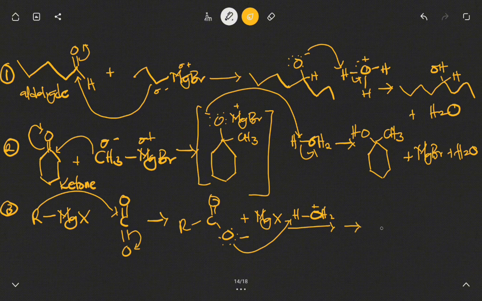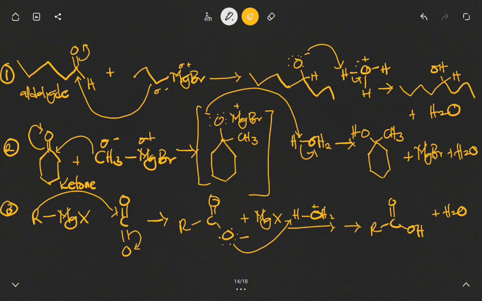So we have R, C double bond O, and OH. Okay, that means we also have water in the system as a byproduct. So this is how you get Grignard reagent reacting with carbon dioxide to give you carboxylic acid.